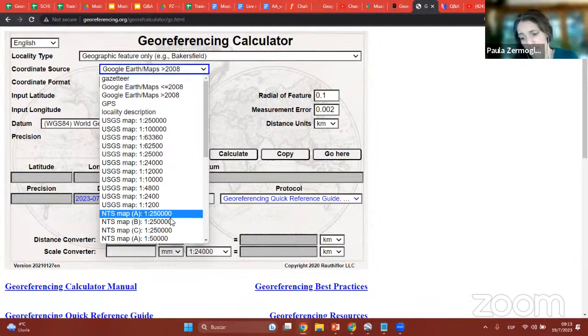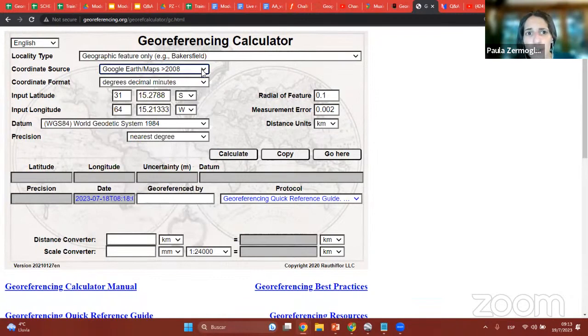That means that we can probably make more errors. And so we have more uncertainty of the place we're determining. So one of the sources of uncertainty is the source where we get the coordinates.